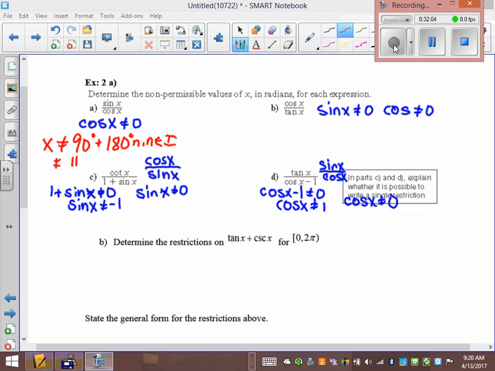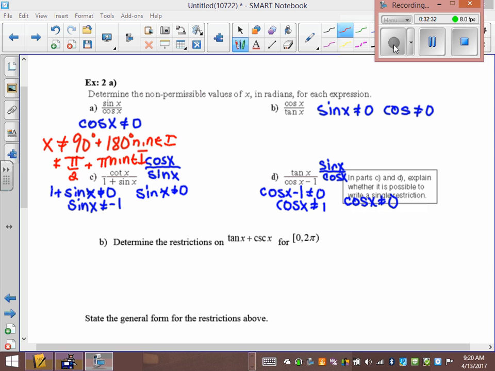And it can't equal pi over 2 plus pi n, n an integer. They're the same thing. It's got an n, so it's like all of them. Yeah, but that would be one of the answers.